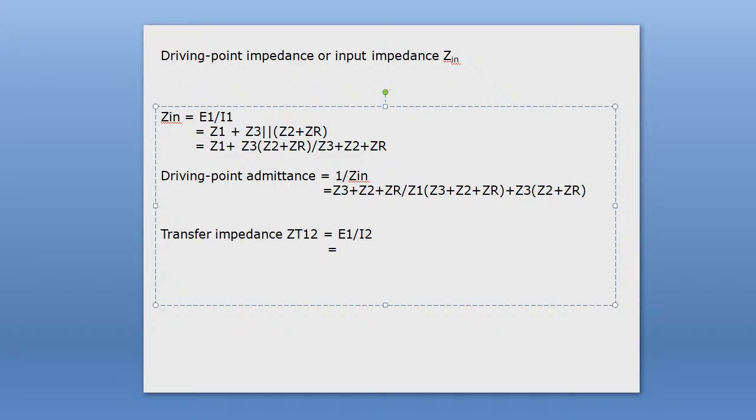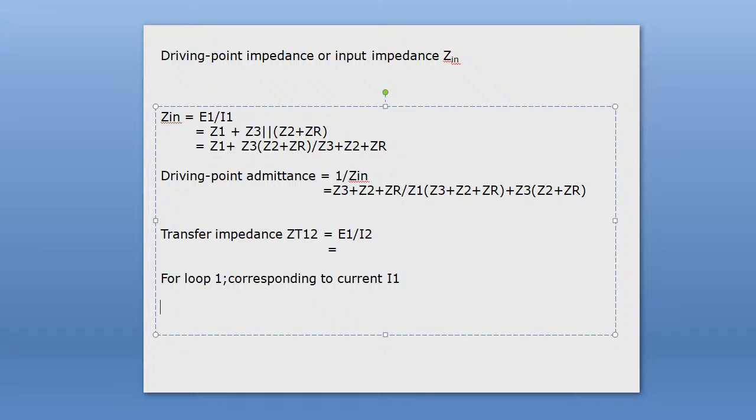Okay, so if we write the mesh equation for loop 1 by applying KVL, corresponding to current I1, sorry, not I2, the loop equation for the given circuit will be: E1 equal to the sum of voltage drops across Z1 and Z3 impedances.